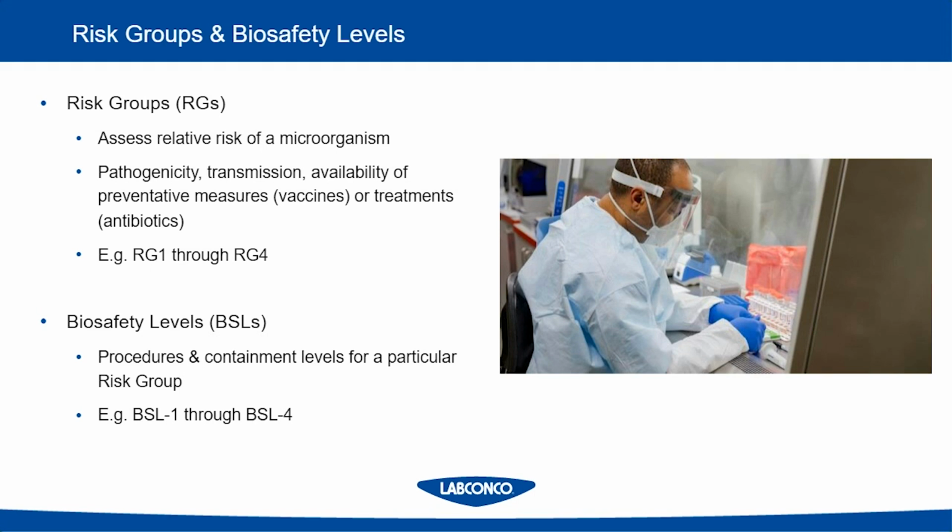What kind of PPE do you need to wear? For instance, in a BSL 2 lab, you might be required to wear safety glasses, a lab coat, and gloves, whereas in a BSL 3, you might get into a mask, full face protection, and so on and so forth. BSL 4 labs often require a full positive pressure suit to protect you from the agent, as well as the biosafety cabinet and the other standards.